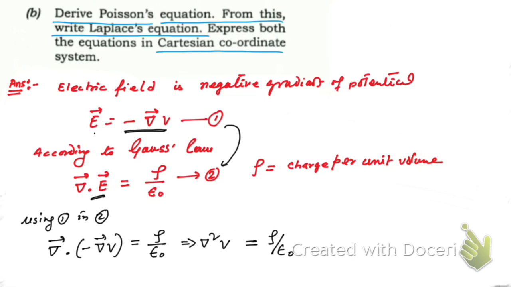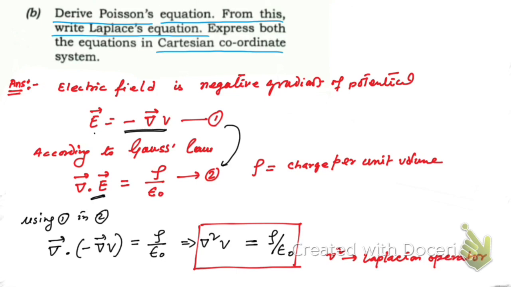Right, so this equation is called Poisson's equation. Let me go to the next slide. Here del square is the Laplacian operator. This is the Poisson's equation in Cartesian form.